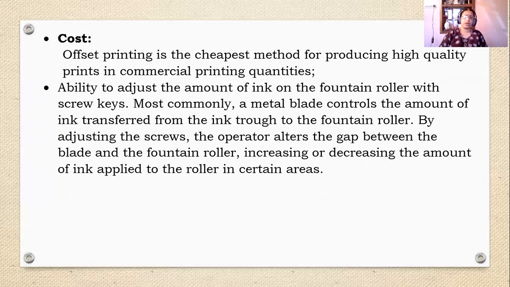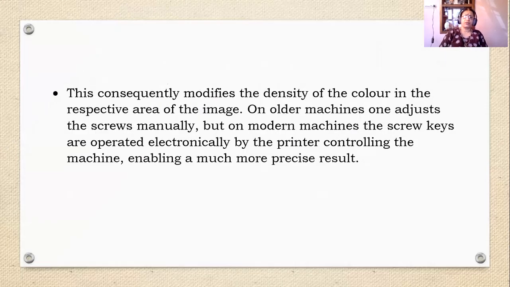By adjusting the screws, the operator alters the gap between the blade and the fountain roller, increasing or decreasing the amount of ink applied to the roller in certain areas. This consequently modifies the density of the color in the respective area of the image.